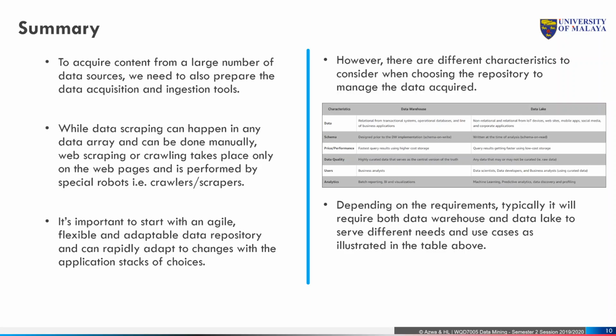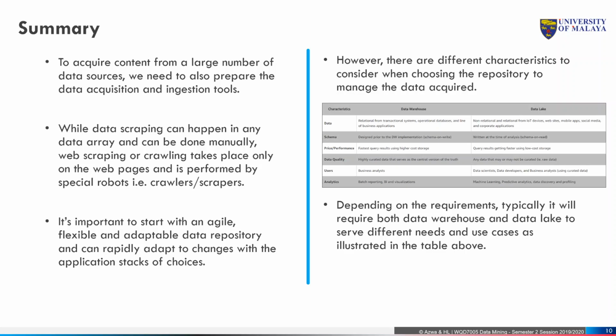Some of these characteristics include the data type, whether there's a schema attached to it, whether price and performance is part of the requirements that we have set for our assignment by the team, what kind of data quality we would like to acquire, maintain and store, who the users are that will eventually use the data that we've acquired into our data warehouse or data lake, and lastly, what we are going to use it for, and what the mechanisms are for us to analyze the data.